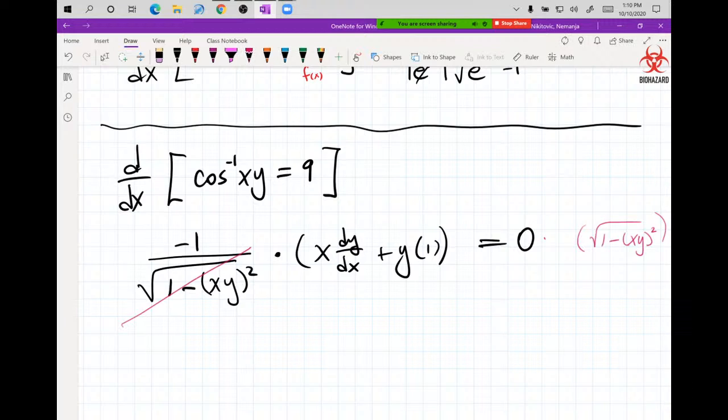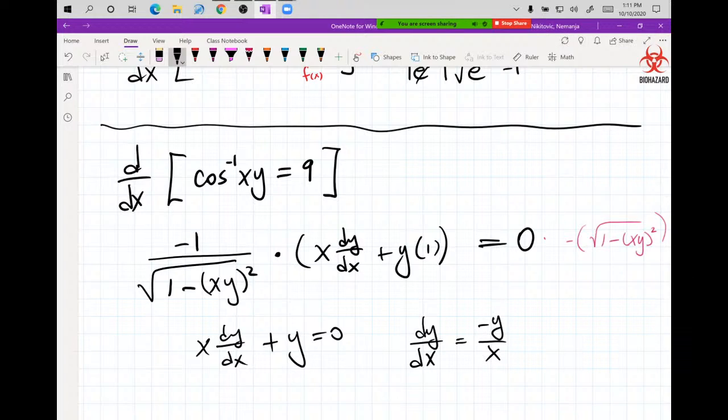So the entire problem now actually is just, you can also multiply by a negative of that, because that will also kill that negative there. So your problem is just x dy dx plus y equals 0, from where dy dx is negative y over x.